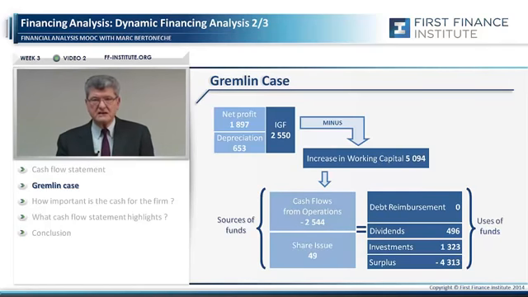This is a need. Gremlin has to finance it. Gremlin has to find the money outside to finance its day-to-day operations. In addition to that, Gremlin had CapEx expenditure of 1,323, plus dividends of 496. There is a small share issue, probably some stock option exercise, of 49.